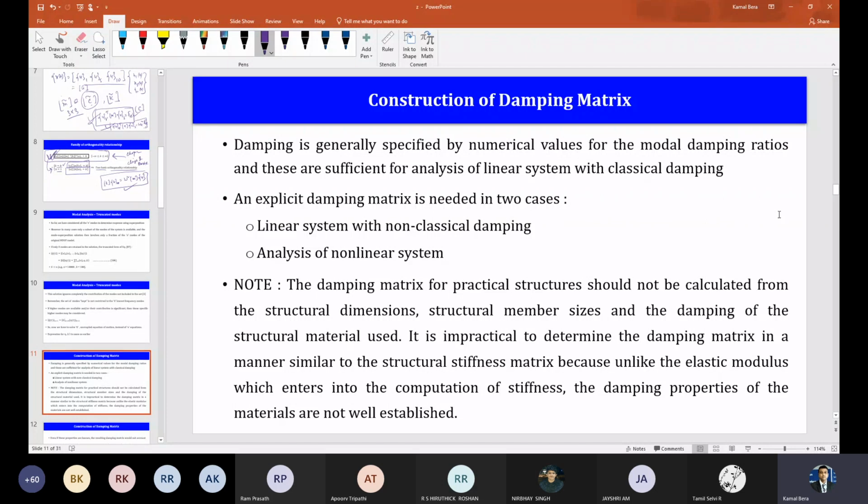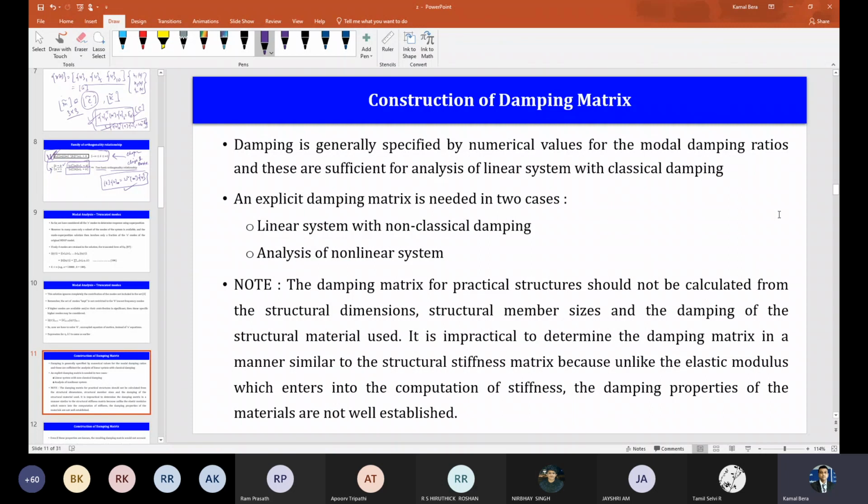Even if everything is available to you, if you try to construct the damping matrix in that manner, we will lose some information. What is damping doing? It is the energy dissipation, right? That's why damping is usually not constructed from the dimensions of the structure. It is an energy dissipation mechanism. So usually we express the damping matrix in terms of the modal damping ratio.